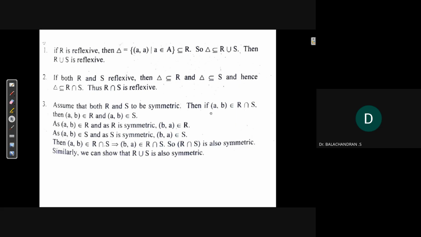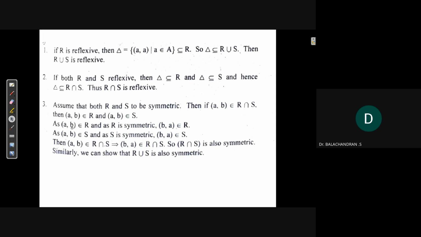Finally, I want to prove that (B, A) is in R intersection S. You should assume this, and you should prove this. In the intermediate step, we will do it logically. (A, B) in R intersection S means (A, B) is in R and (A, B) is in S. This is the first step.